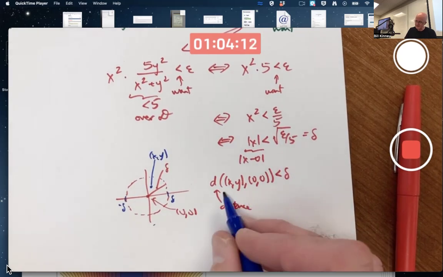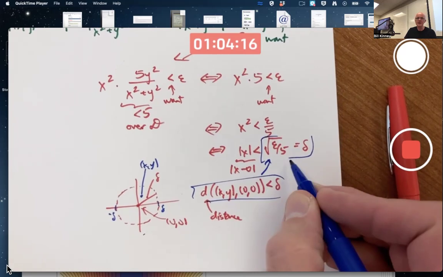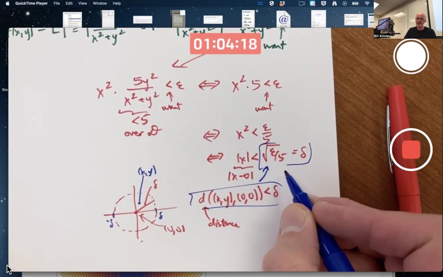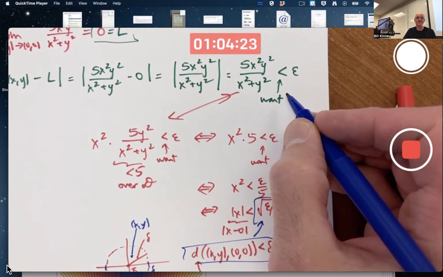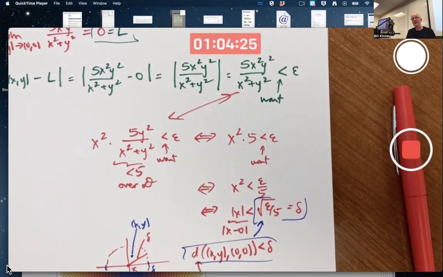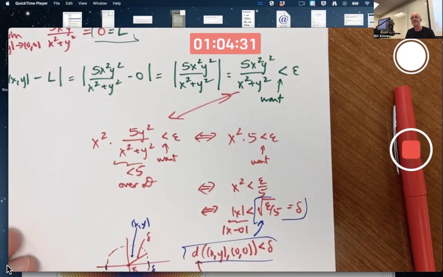So if I assume this is true, where delta is epsilon over 5, that'll mean this is true. And ultimately, it's going to mean this is true. You will find this argument in the book stated in a bit more rigorous way than what I did. I was trying to give you just some intuition here.